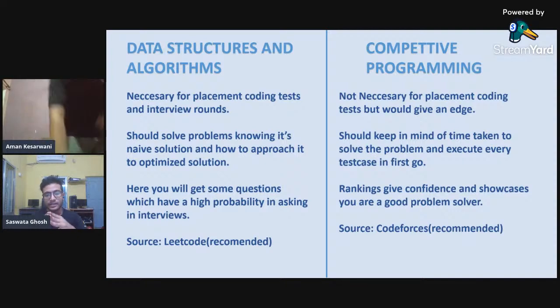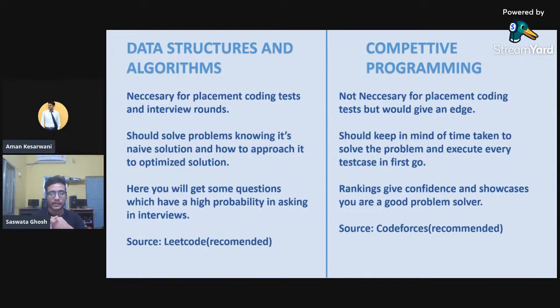In data structures and algorithms, you will be tested on every data structure. You should be good at arrays and at using other data structures that minimize the time complexity. And most important, in interviews you should not jump straight into the optimal solution, even if you have seen it before.